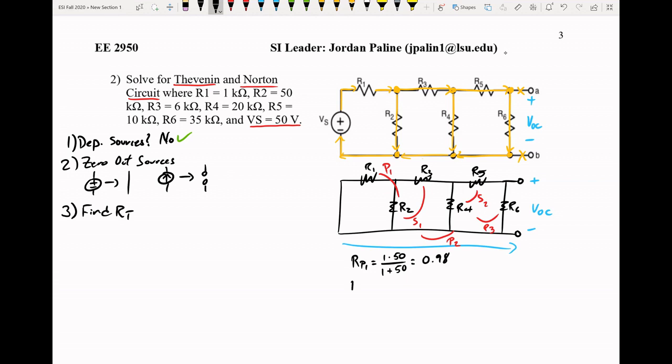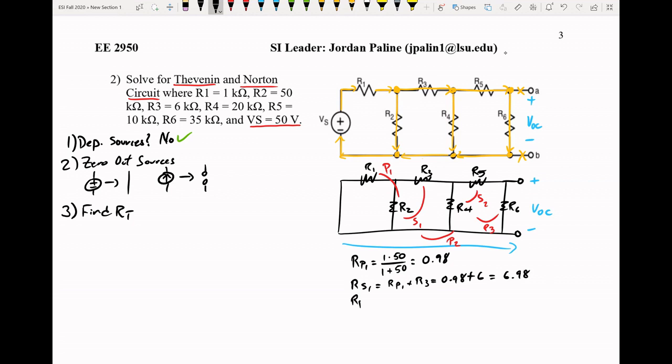Then our series 1 will be our parallel 1 plus R3, 0.98 plus 6, so 6.98.